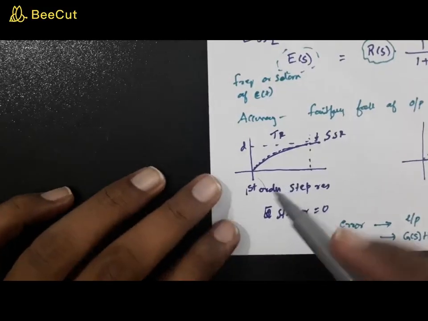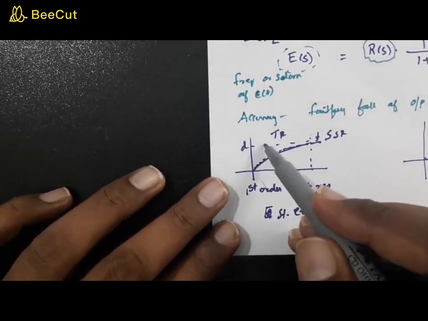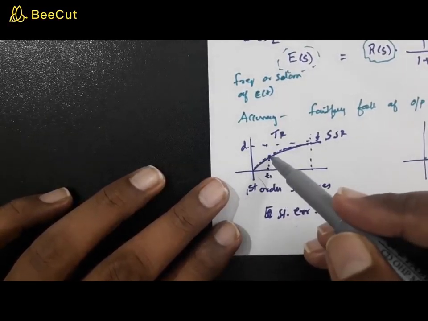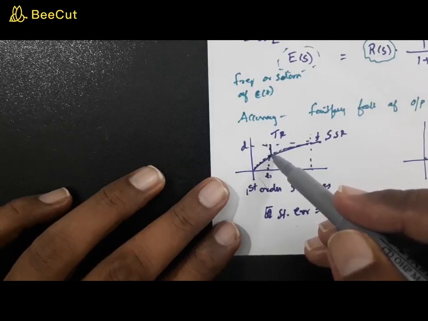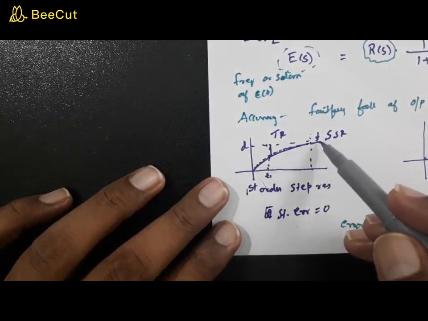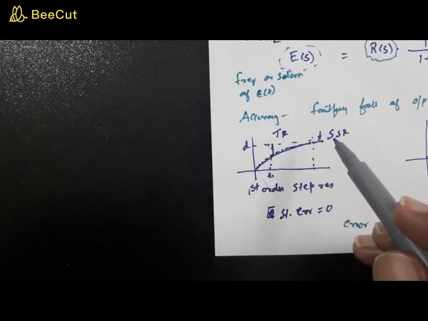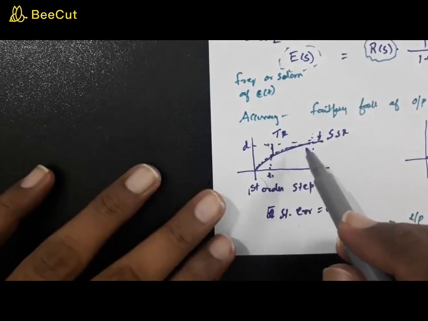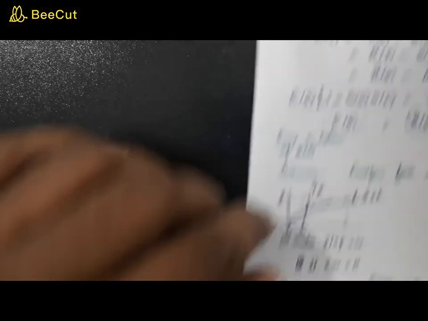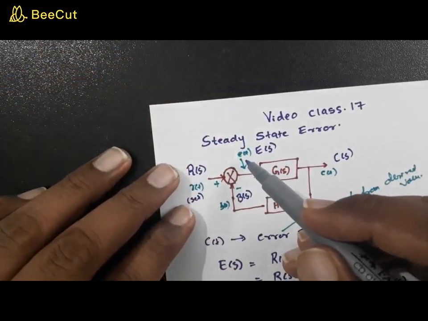Look at this. As time increases there is an error from the desired value; say for example at t1, this is the output, and it has this much deviation from the desired value. As time progresses, we have seen that it approaches the desired value and the error almost goes to 0.